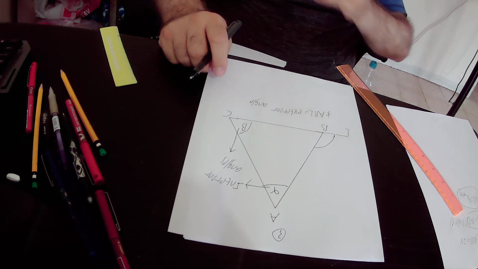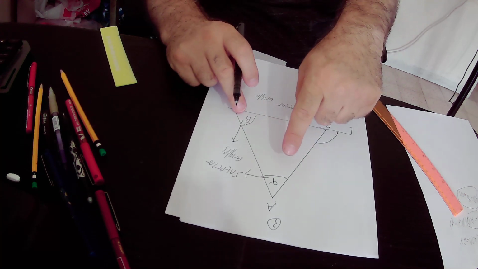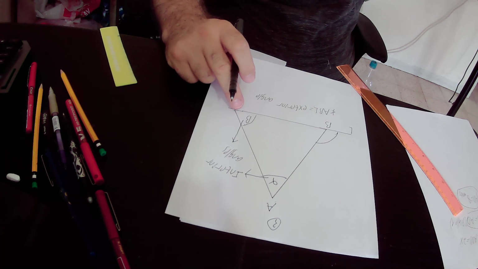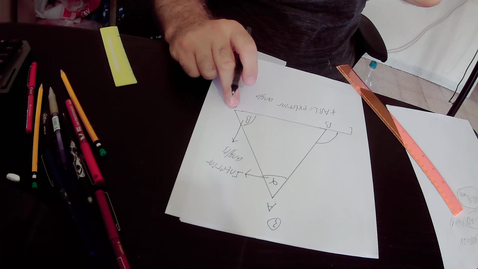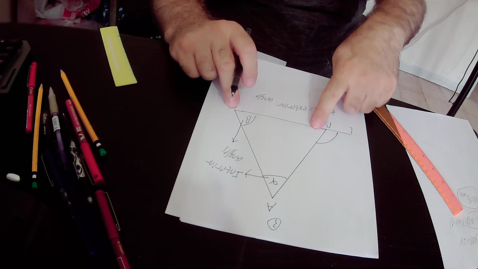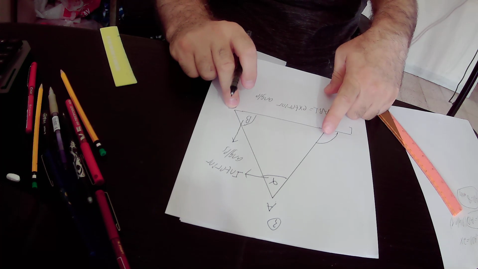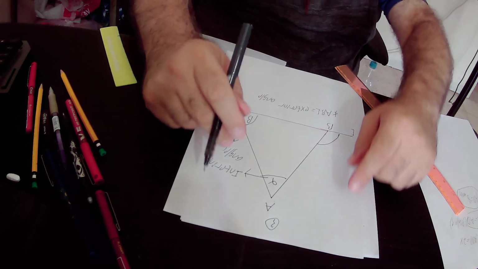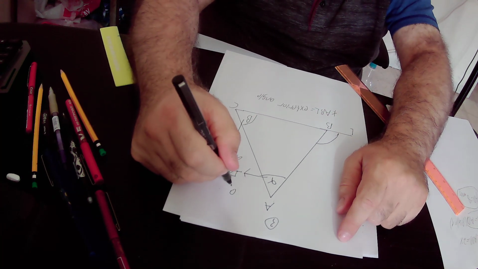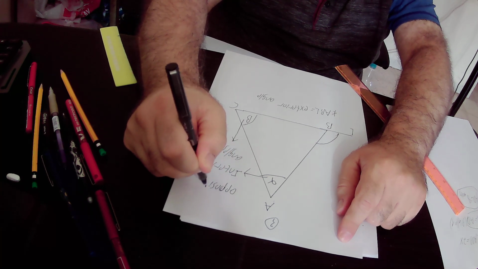And actually those two angles, alpha and beta, are located in the opposite direction of this angle. Therefore, they are defined as opposite interior angles.